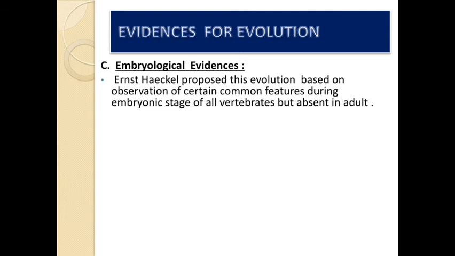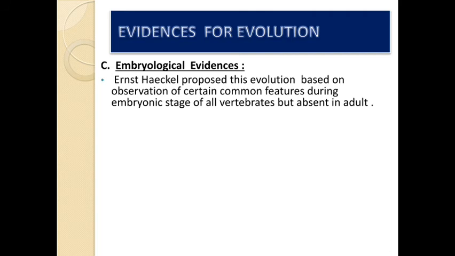For example, you will find in your book that they talk about the embryo of a human being, the embryo of a salamander, the embryo of a fish. At the embryonic stage we are not able to differentiate which one is human, which one is salamander, which one is fish, which one is chicken. All seem to be common.